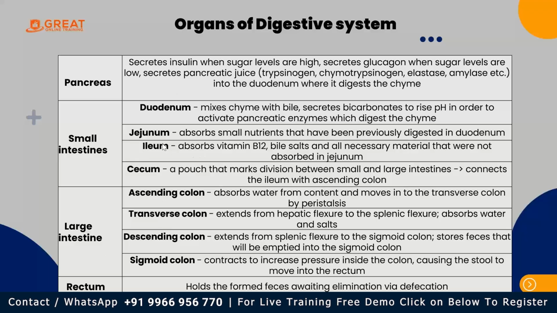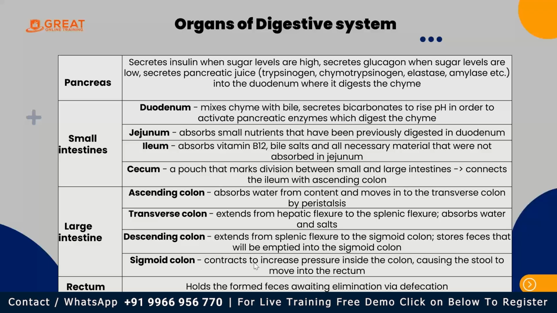The small intestine mostly absorbs nutrients, and after that, water gets absorbed by the large intestine. The transverse colon extends to the splenic flexure and absorbs water and salts. The descending colon extends from the splenic flexure to the sigmoid colon and stores feces that will be emptied into the sigmoid colon.